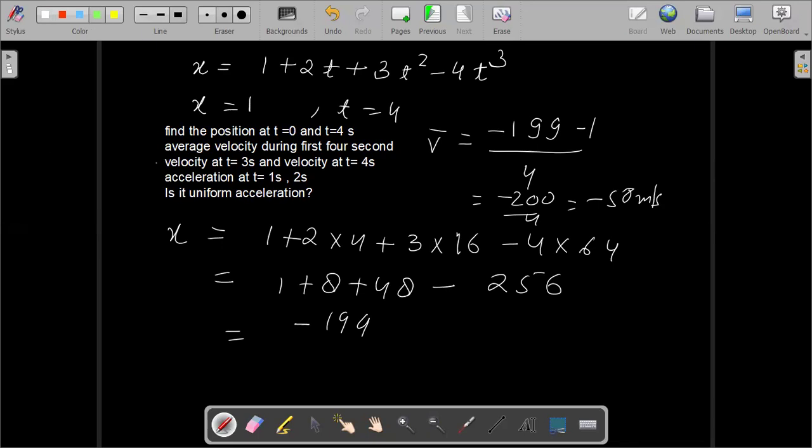For this one, you'll be getting the expression for velocity as 2 plus 6t minus 12t squared. Then the expression for acceleration would be a equal to 6 minus 24t. Got it? Yes, sir.